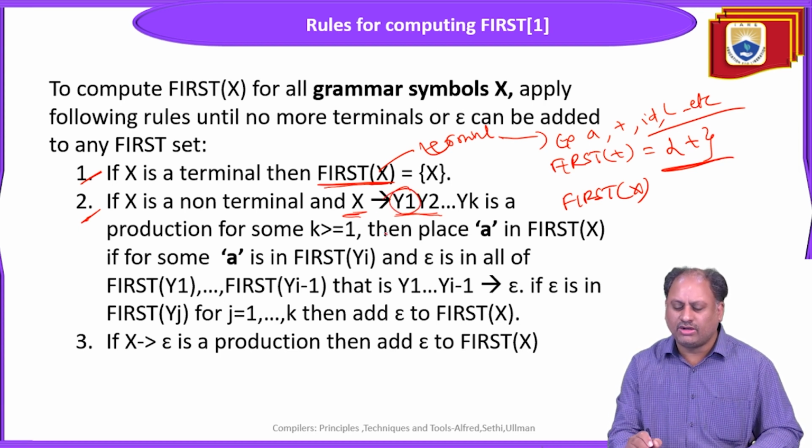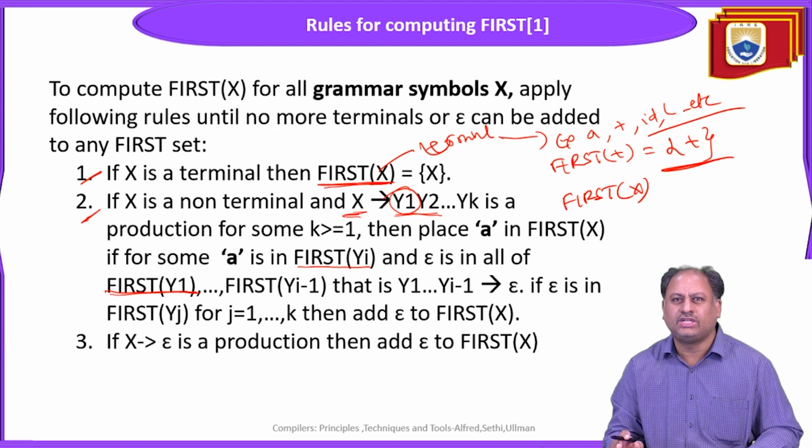For example, if the non-terminal Y1 appears, then we have to calculate first of Y1, and then the process continues with the remaining ones. If the computation of that non-terminal also requires first of Y1, then that process continues, and we calculate for all Y1, Y2, up to Yi minus 1, until a terminal appears for the result.